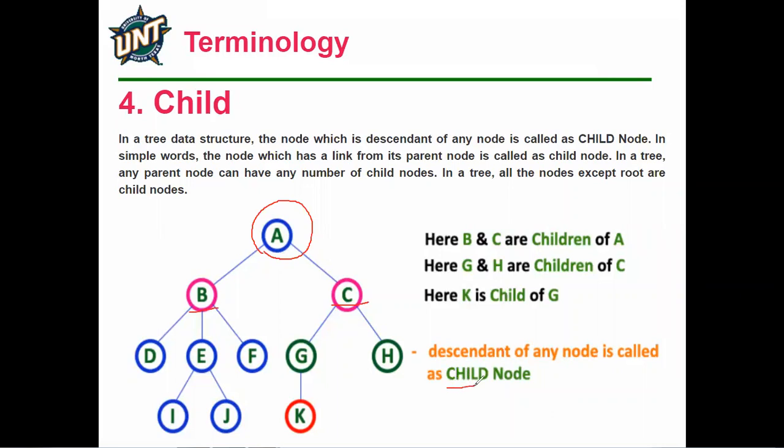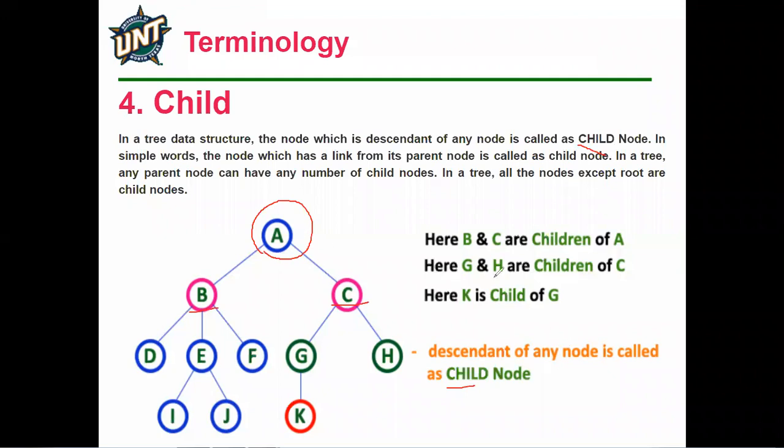You should know this technical terminology, such as ancestor, descendant, and predecessor, because it is asked in MCQs. At that time you should know what a descendant is, what an ancestor is, and what a predecessor is. The node which is a descendant of any node is called a child node.